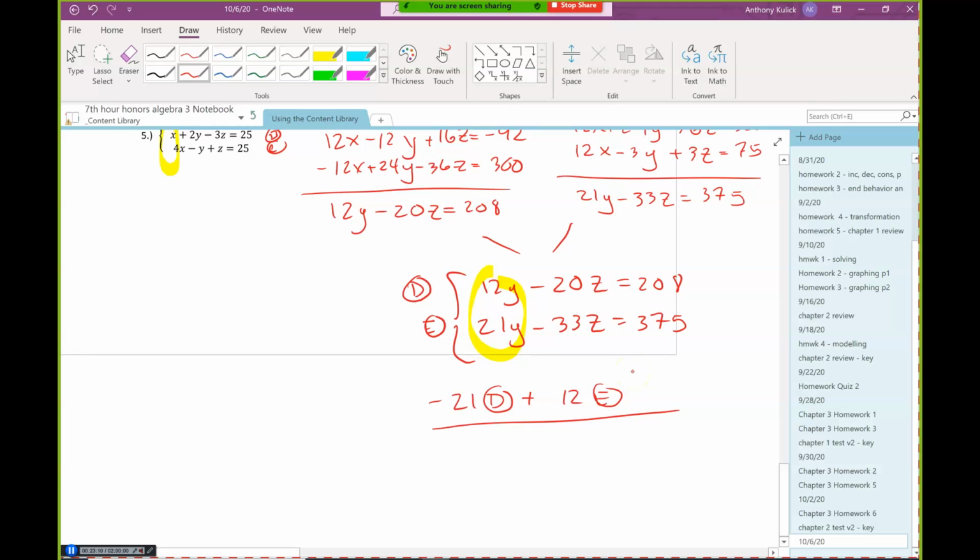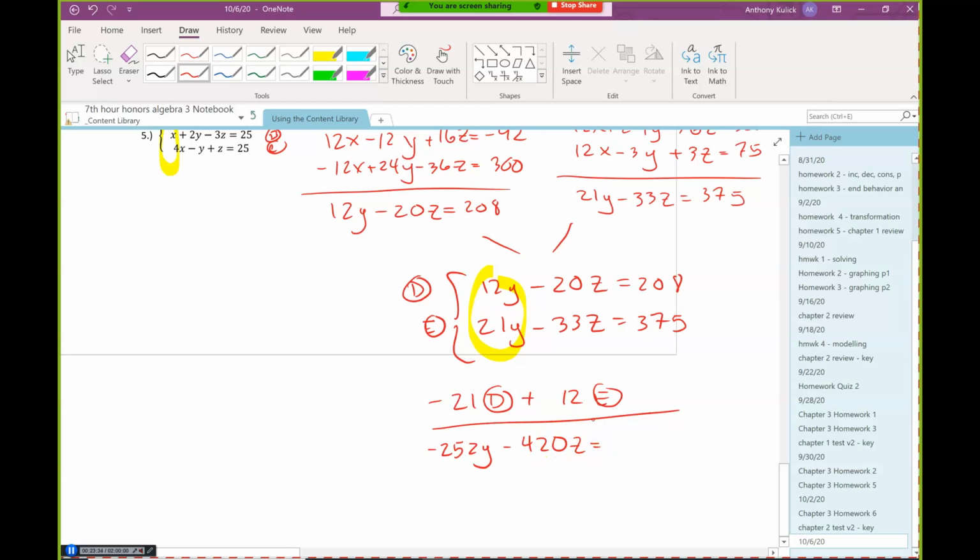Ay caramba, it's calculator time for me. I am too tired to try to do 12 times 21 in my head. That's kind of sad, but that's where I'm at today. You know, guys? 21 times 20 is 420.